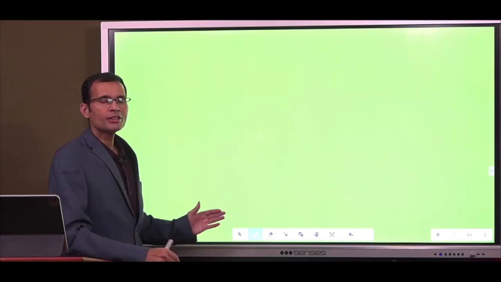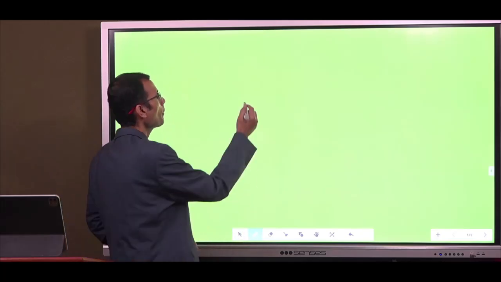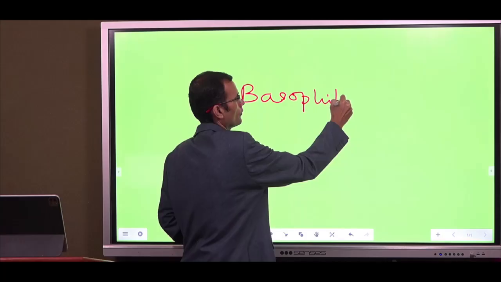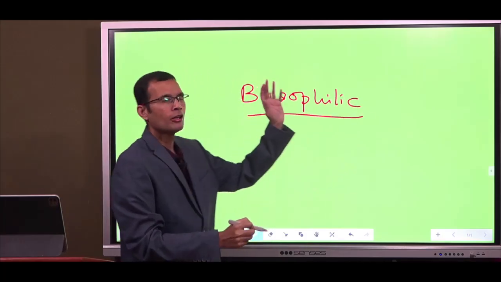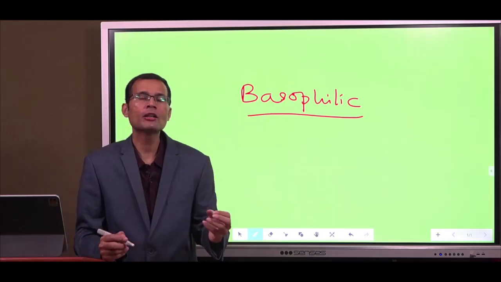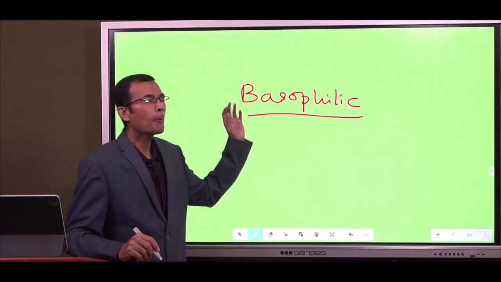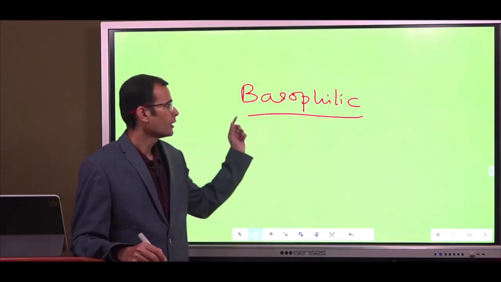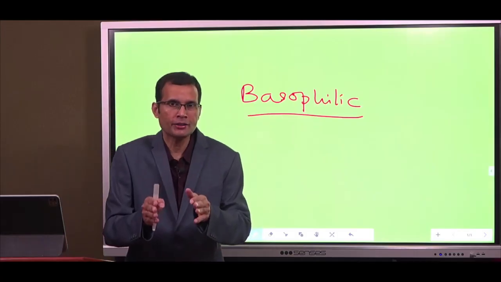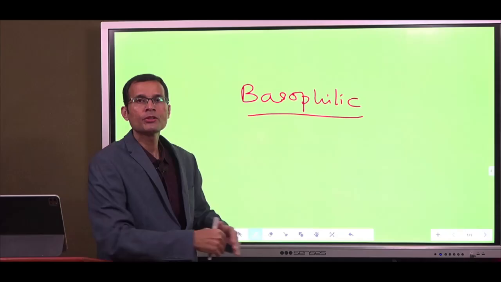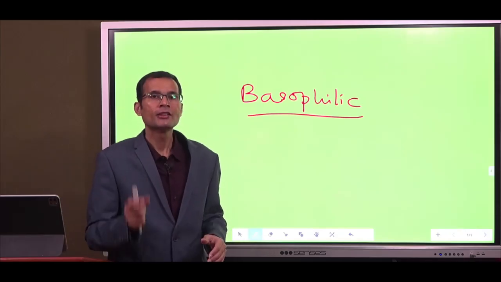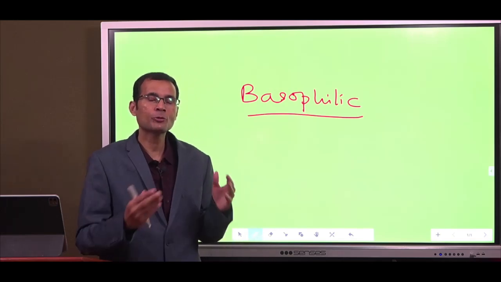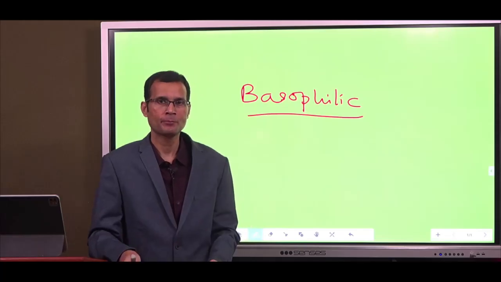So, the initial stages are basophilic, because look, basophilic, phil is to love or attract. They attract basic stain, they attract basic dye. That means the content in the initial stages is acidic, so it attracts basic stain, and that's why the cytoplasm is basophilic.